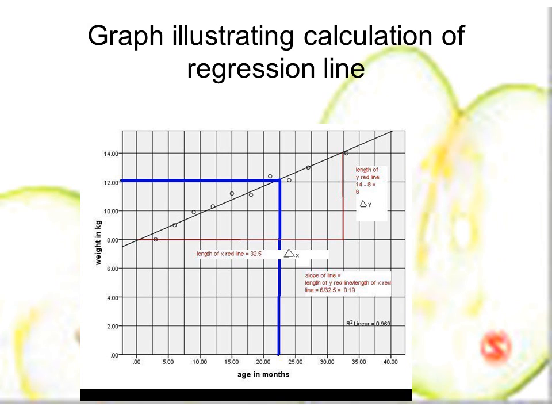And this graph is illustrating the calculation of a regression line. If you look at the graph, we are going to try and follow the red line on the graph. What that red line is actually picking up on is the most extreme score on y.